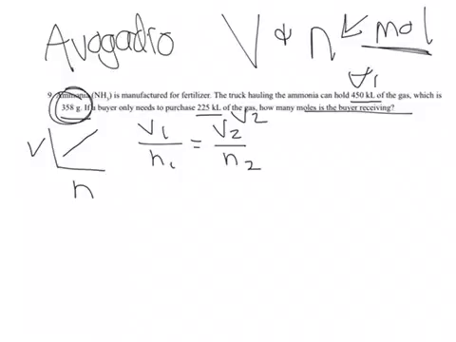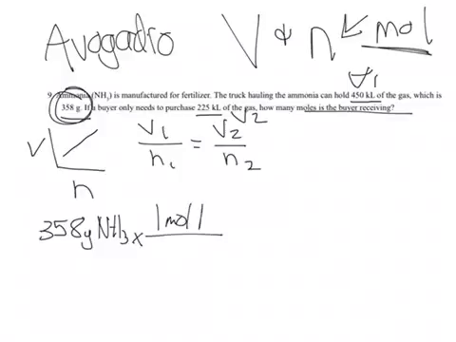So we are going to take our grams and convert it to moles by dividing by the molar mass of NH3, which is 17.031.